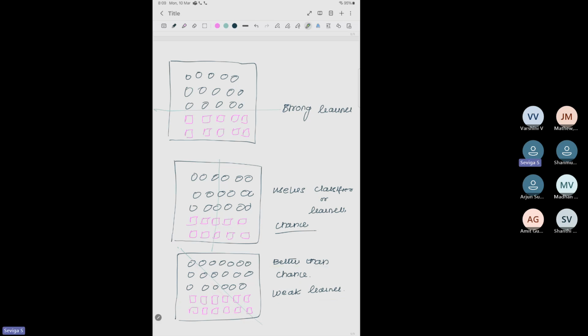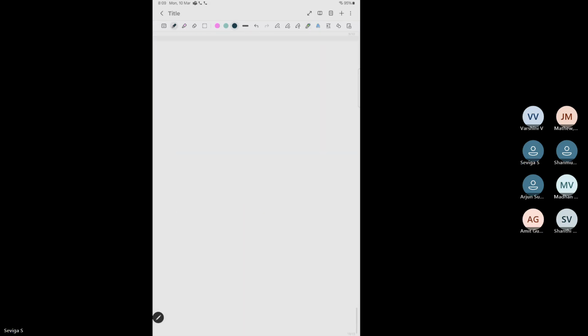So what we will do in boosting is choose the most commonly used weak classifier, which is a decision tree. The type of decision tree we will choose is one parent with two children.